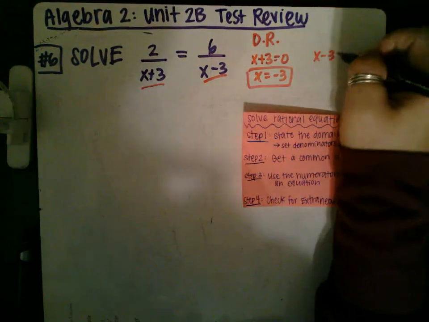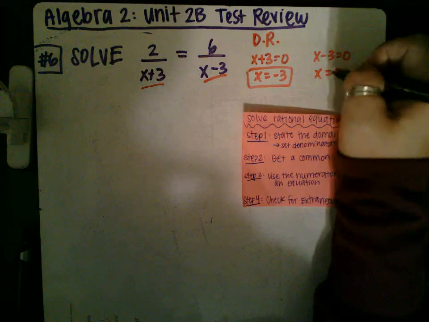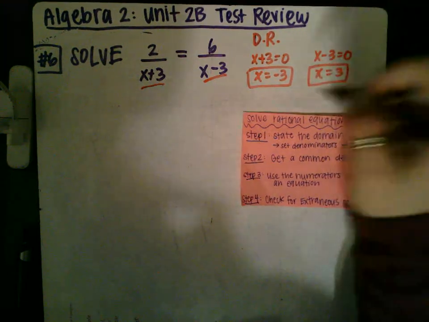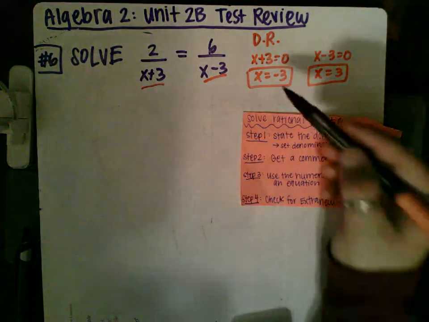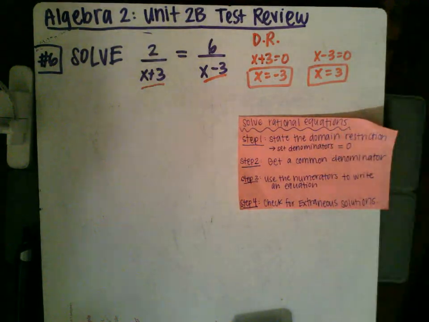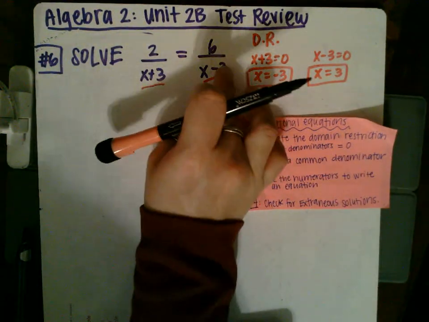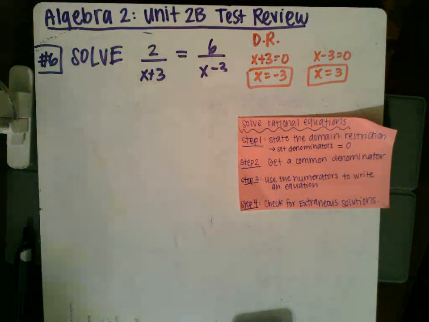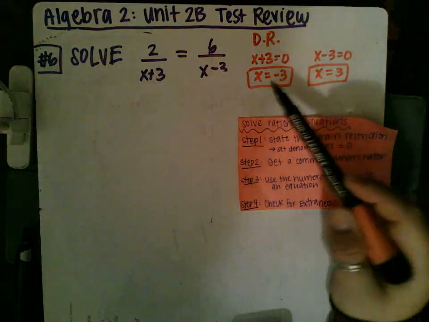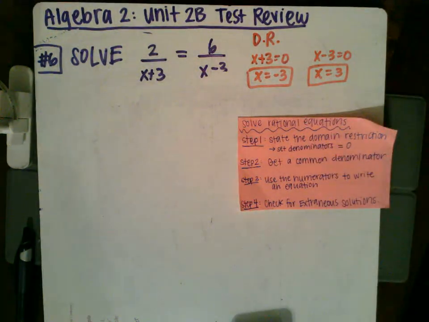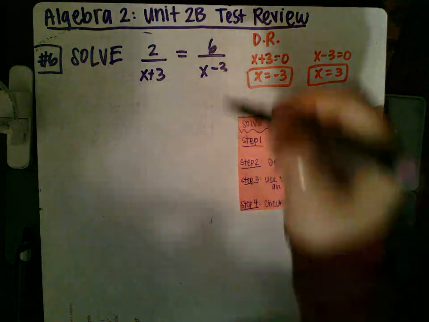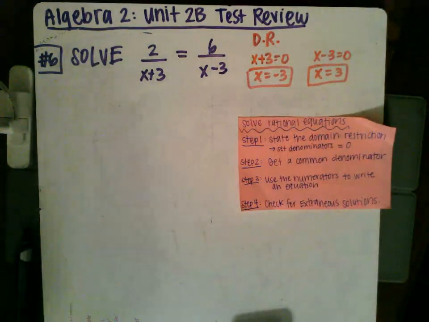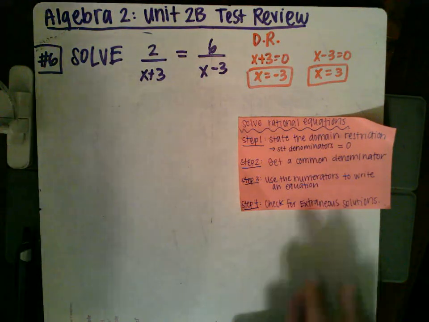And x minus 3 equal to 0 gives us x is equal to positive 3. So we are not allowed to let x equal negative 3 or positive 3 because we would be dividing by 0. And now at this point, since we're reviewing, we know that at these values, we either have a vertical asymptote or we have a hole. So that's why our domain is restricted, because we're actually undefined at those points. So step 1, done. Step 2, get a common denominator.